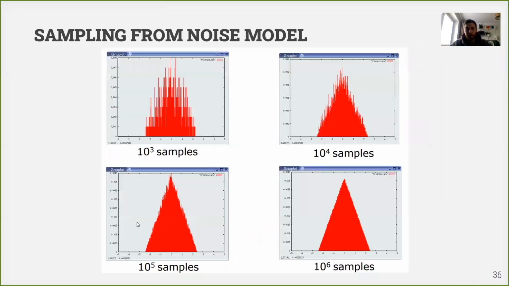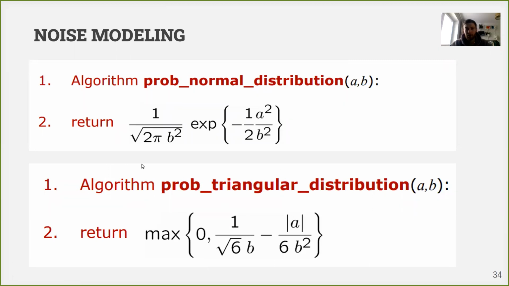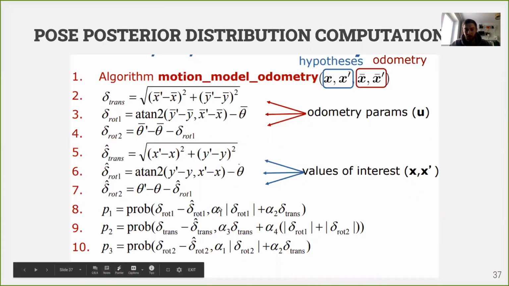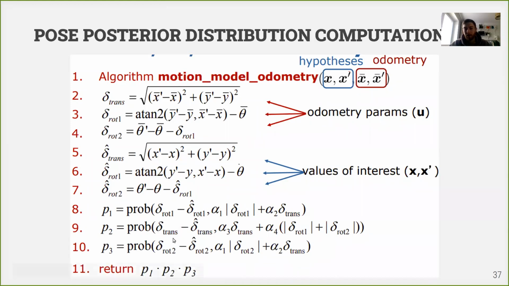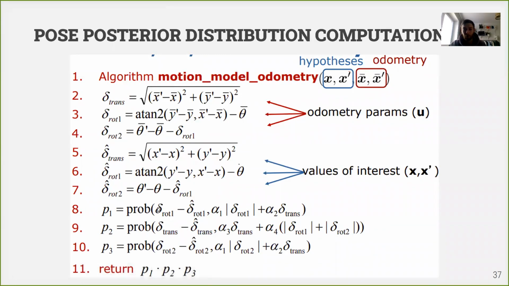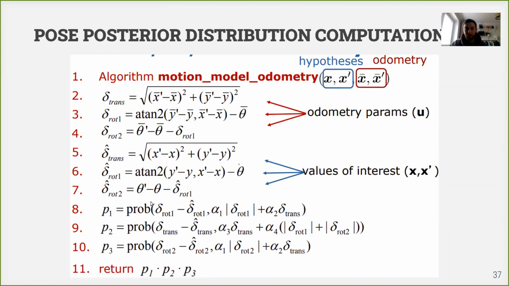And then using these equations, or equations close to these if we have a more complex probability function, we're just estimating how probable each parameter is: how probable that the rotation is the following, the linear motion is the following, and the second rotation is the following. And here you can see the differences between hypothesis and odometry. Plugging the differences in here, we get the probability of such a motion.